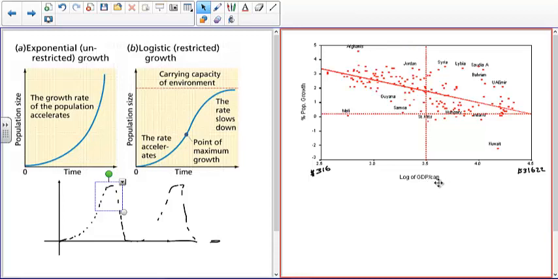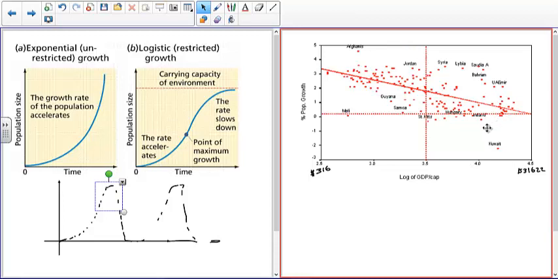And if I looked at this from just the GDP instead of the log of the GDP, it would have an exponential form. But by taking the log of the GDP per cap, it ends up being a straight line. So back in the old days, it was easier to plot the data on a log scale and then fit a straight line to that log data.